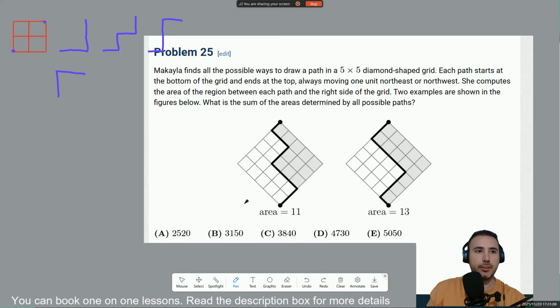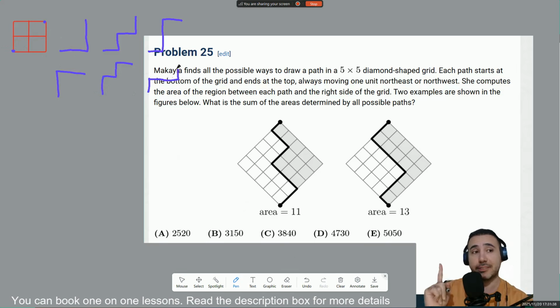It should be written here. Yeah, this is another path. And finally, the other path is going to be like this. Okay, let's draw it here. So a 2 by 2 has only 6 paths.